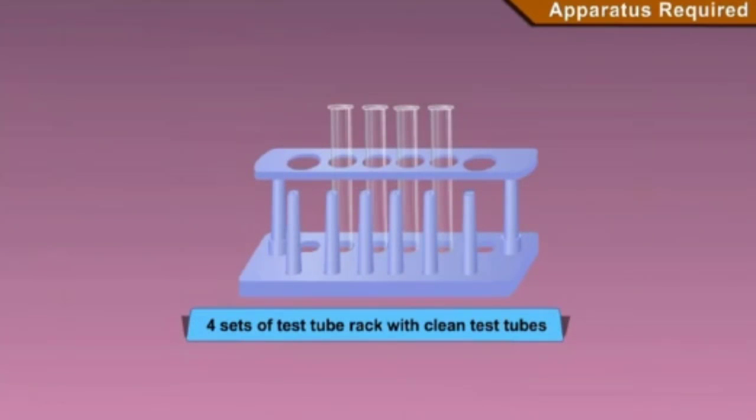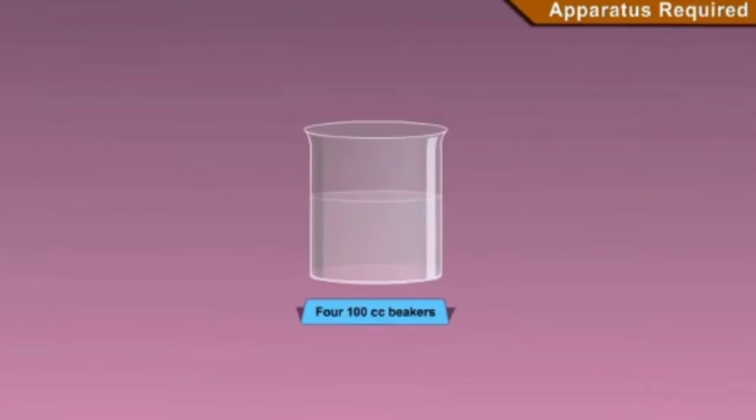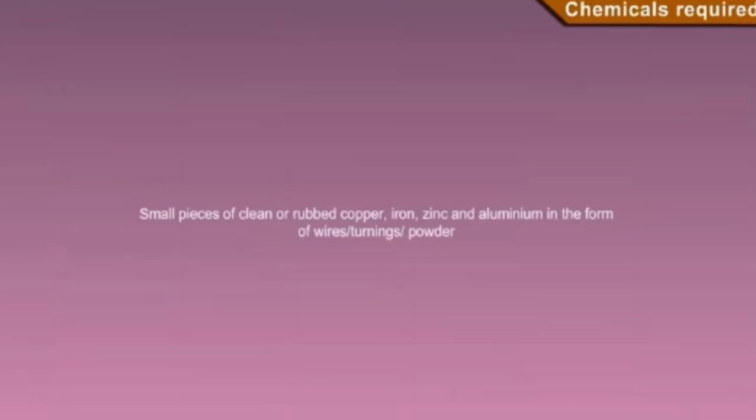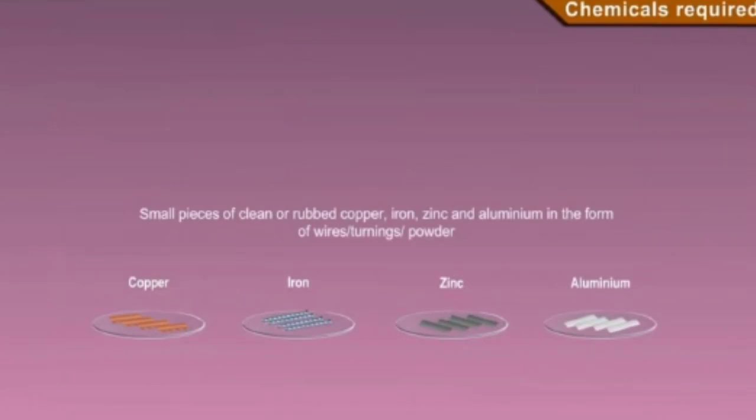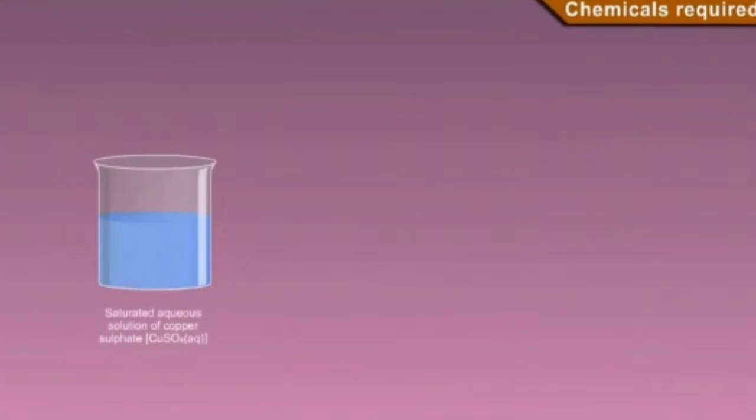Apparatus required: 4 sets of test tube racks with clean test tubes, 400 cc beakers. Chemicals required: small pieces of clean and roughed copper, iron, zinc and aluminium in the form of wires, turnings and powder. Saturated aqueous solution of copper sulfate.